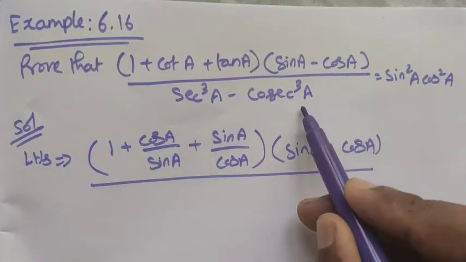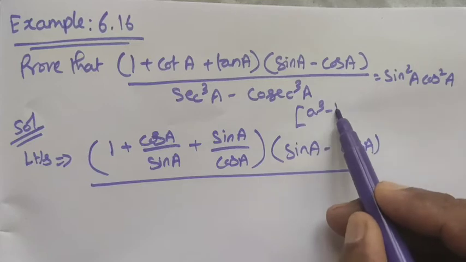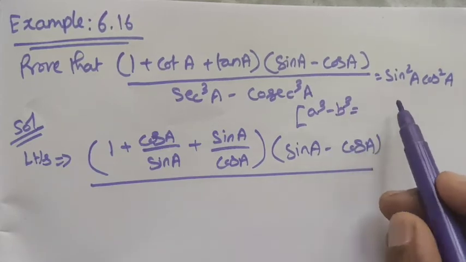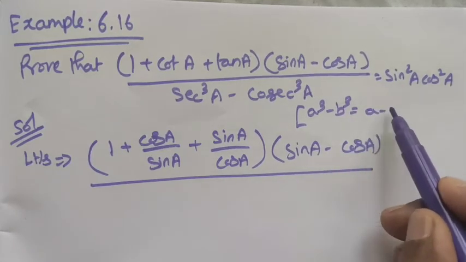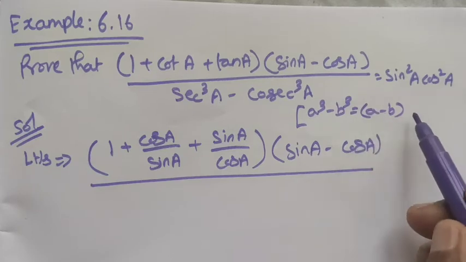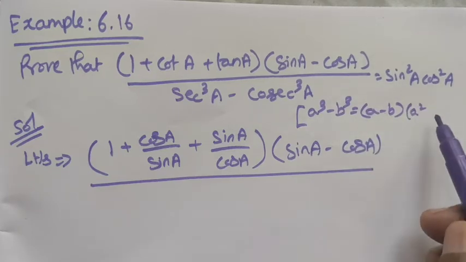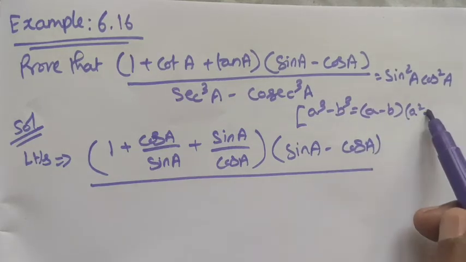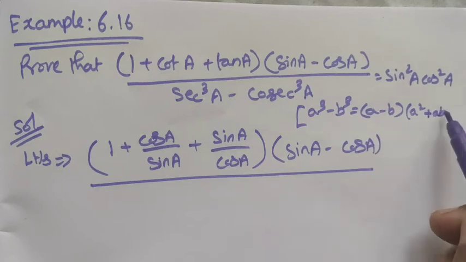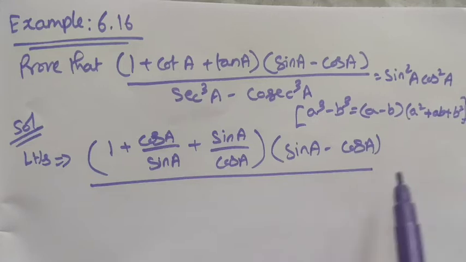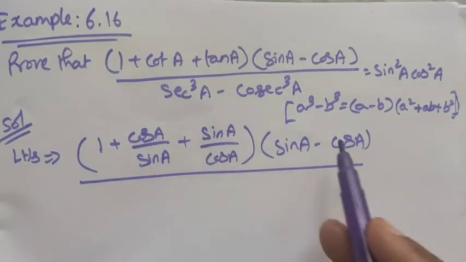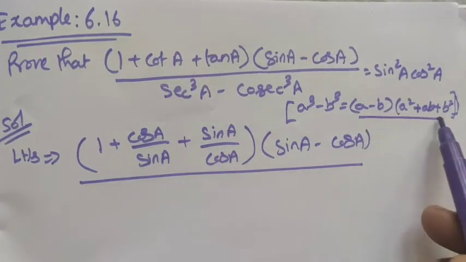It is in the form of a³ − b³, so we have the formula (a − b)(a² + ab + b²). So the denominator terms we are going to write in this format.